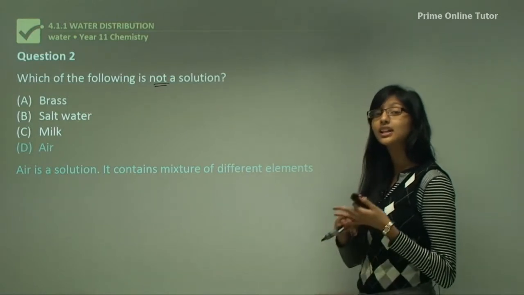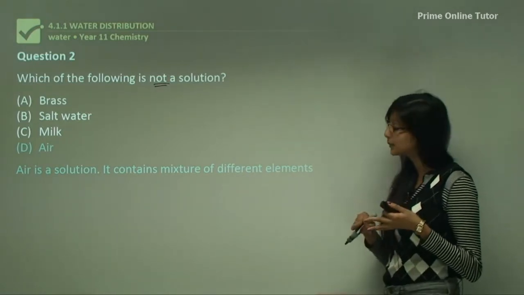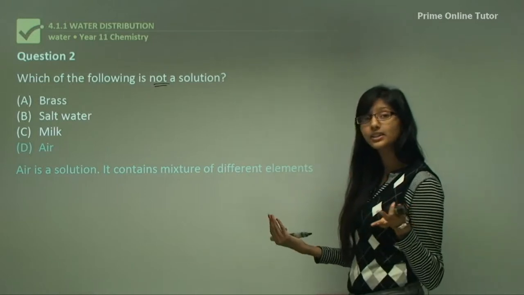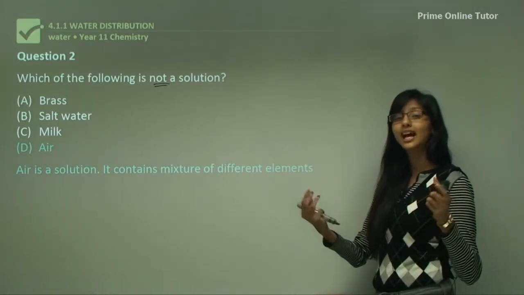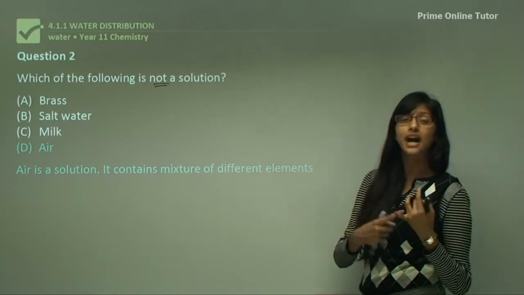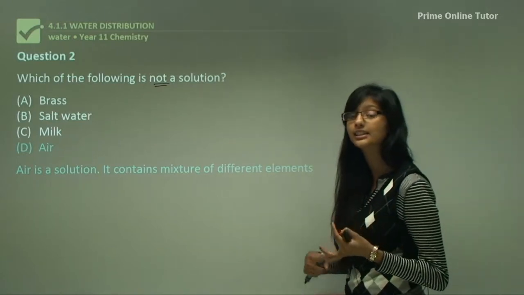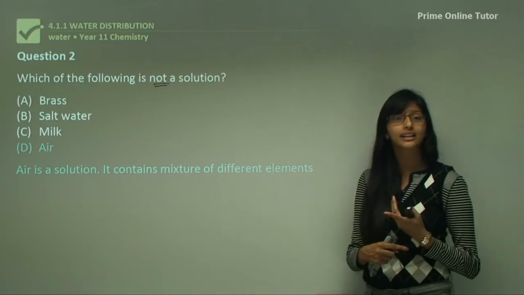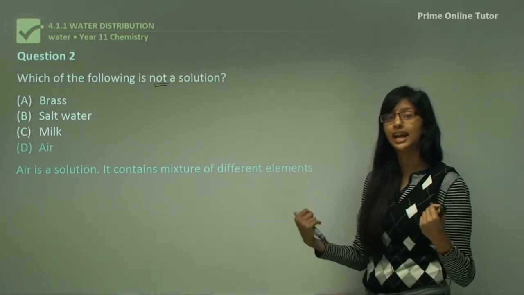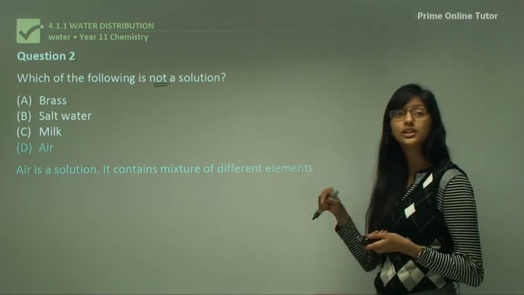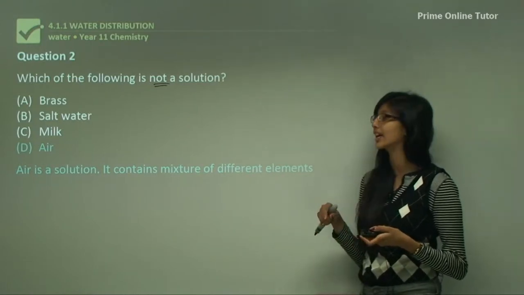So a solution does not always have to be a liquid. And why is air a solution? Because it contains a mixture of different elements. So it has a mixture of different gases: nitrogen, oxygen, carbon dioxide, argon. So you have different types of gases mixed together in air. Therefore, air is also a solution and hence not our answer.